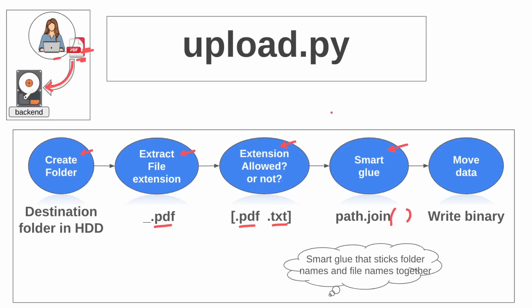Assume our created folder name is uploads, so it becomes uploads slash x.pdf. This happens in this path.join operation. This is my folder and this is my file.